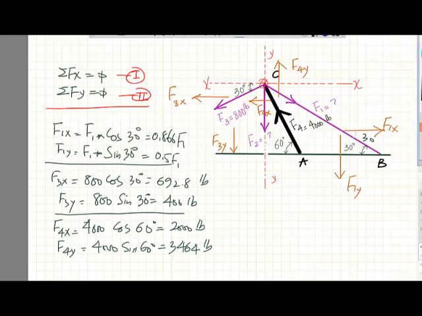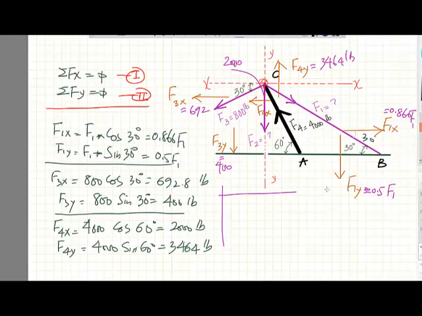That would be a good idea. So F1x is equal to 0.866 F1, and F1y is equal to 0.5 F1, and F3x is equal to 692, and F3y is equal to 400, and F4x is equal to 2000, and F4y is equal to 3,464 pounds.